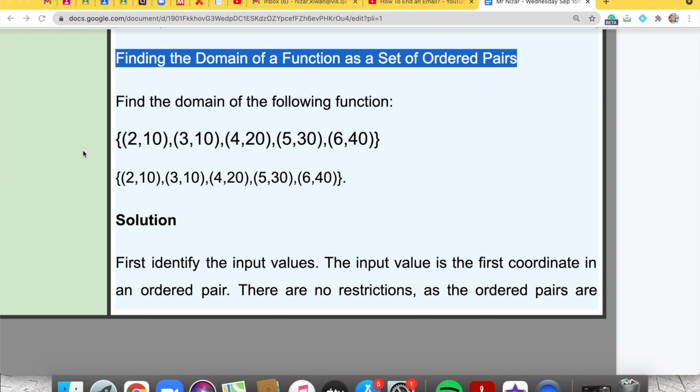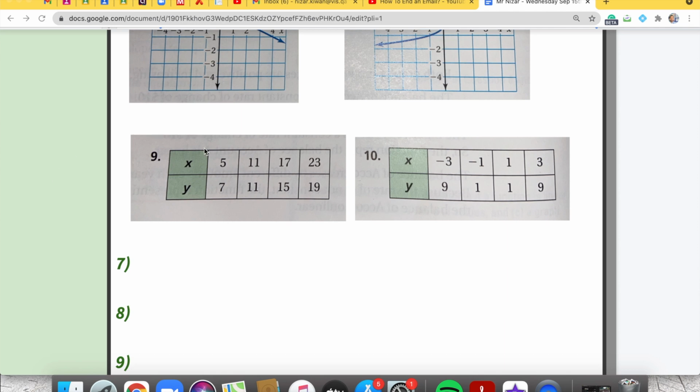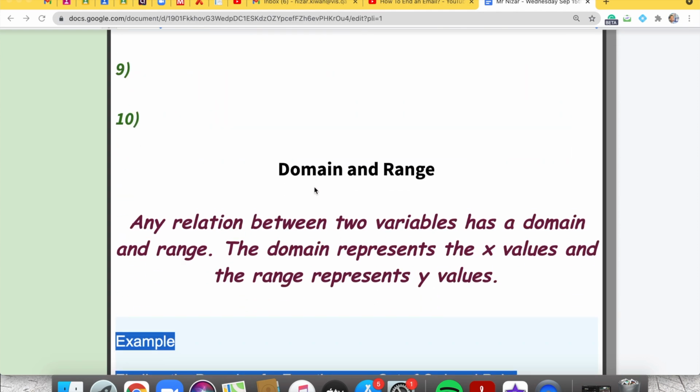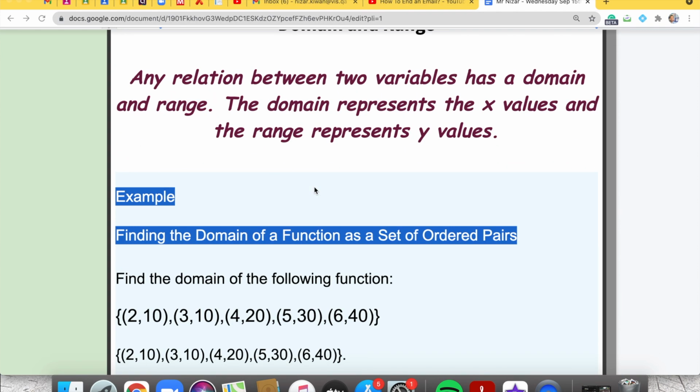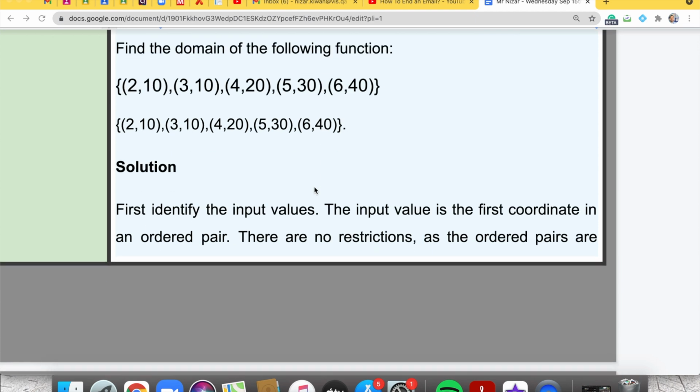So these braces on the right and left represent the set, which is the pairs of the values of x and y. Instead of giving you it as a table like 5 and 7, 11 and 11, 17, 15, 23 and 19, I wrote it in another way by writing it in pairs. So don't be confused, this is the same as a table.